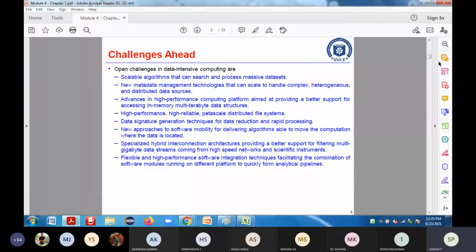Now, once more and more processing systems have been incorporated, with a high performance computing platform, it is aimed to provide better support for accessing in-memory multi-terabyte data structures.